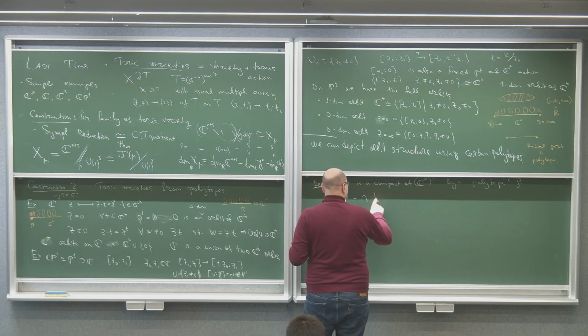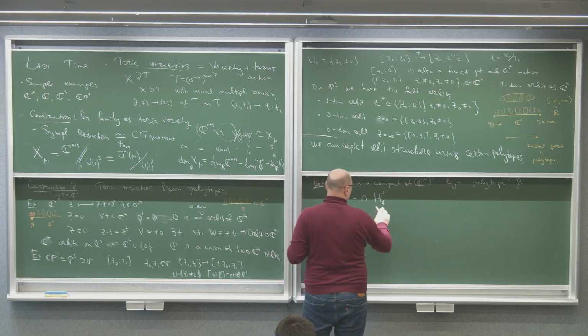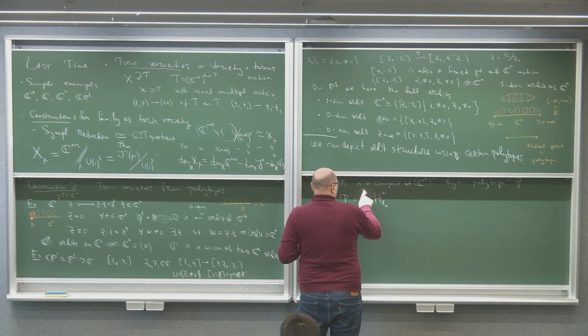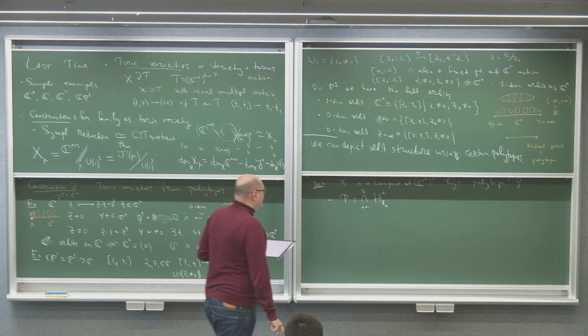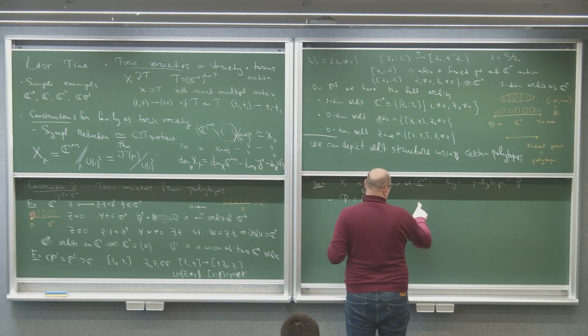Okay, let me give it like this. P is a finite intersection of H_B, alpha from 1 to capital B. So it's a finite intersection of half spaces.